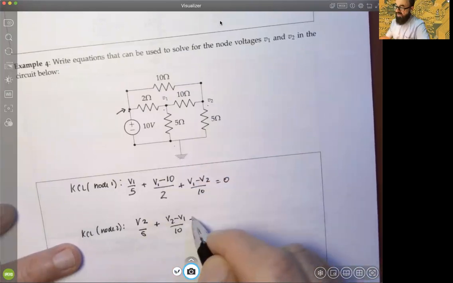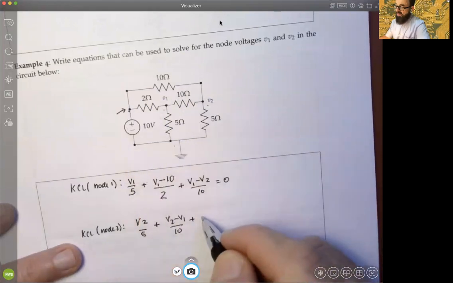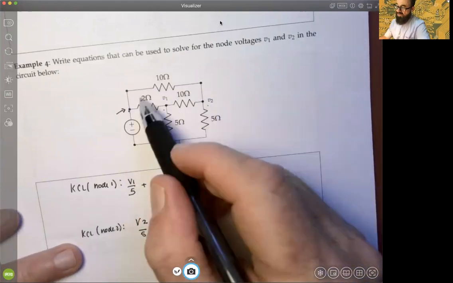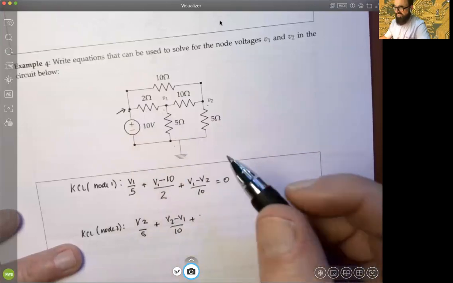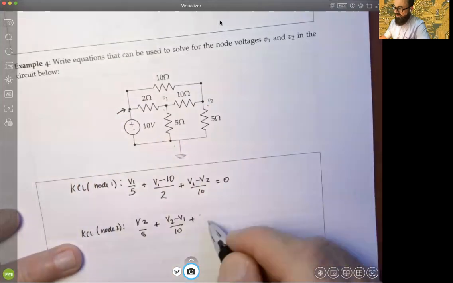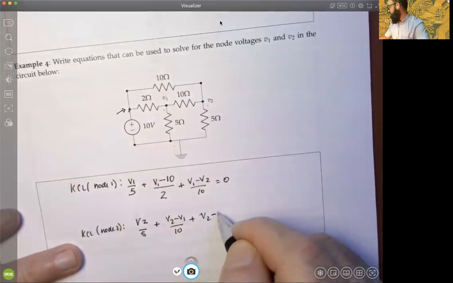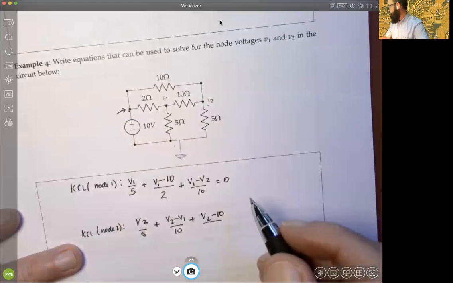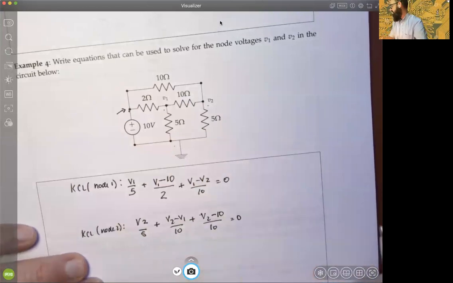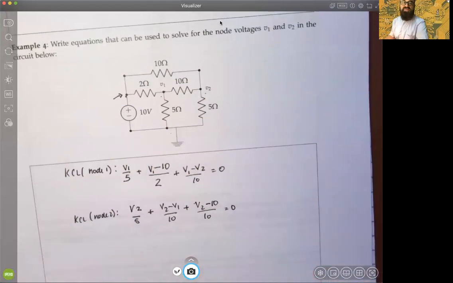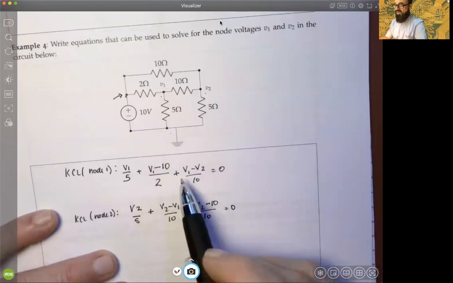And then finally, we're going up over the 10 ohms, where again there are 10 volts at that node. So we should have V2 minus 10 through the 10 ohm resistance, equals 0, okay?